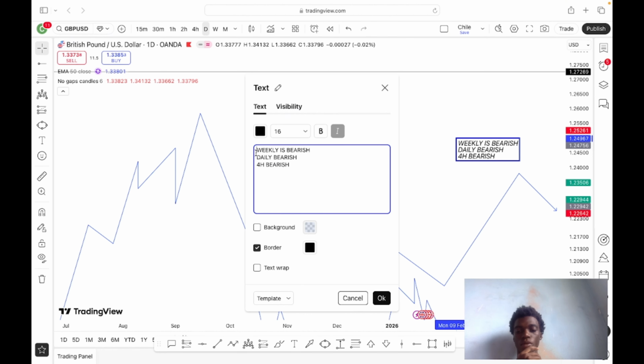So we have a bearish trend. So in a bearish trend, or a trend that is going down, we are looking to sell this market.